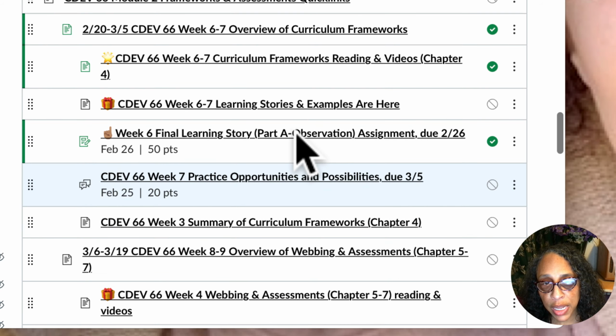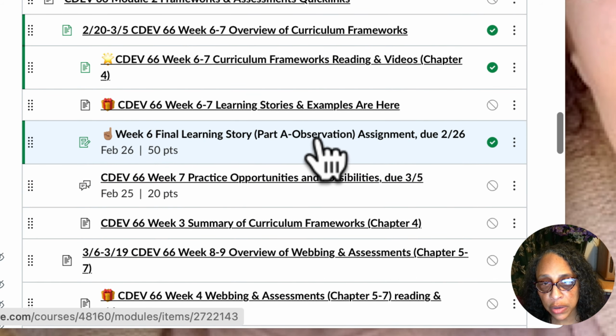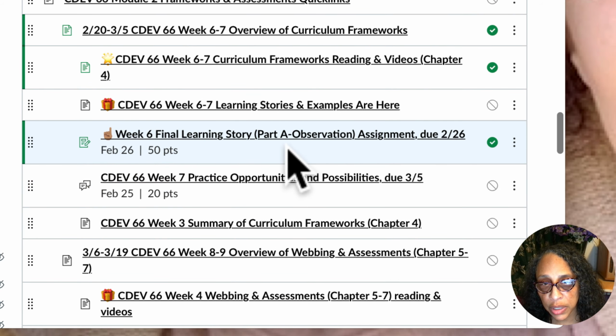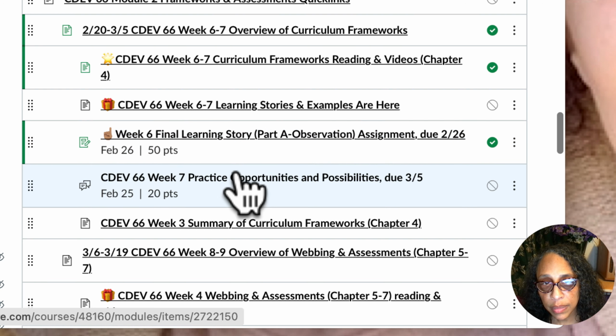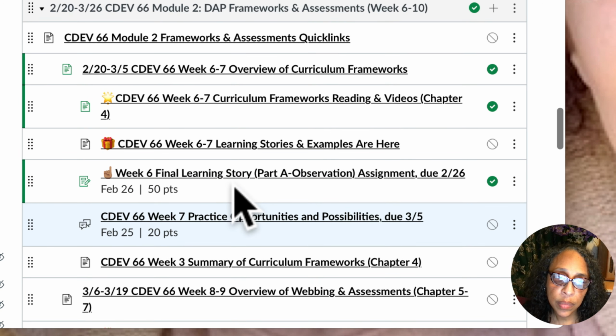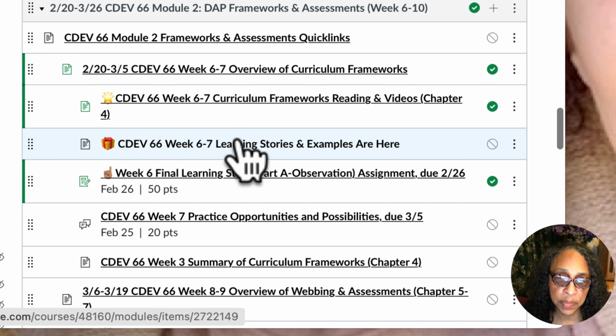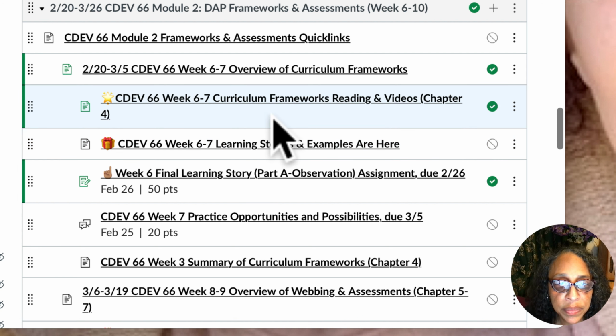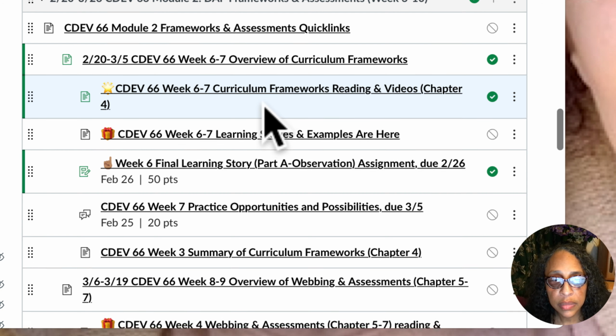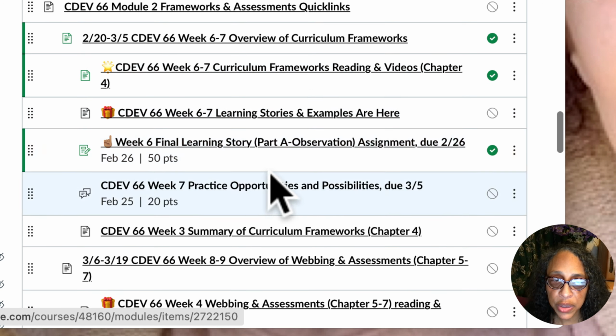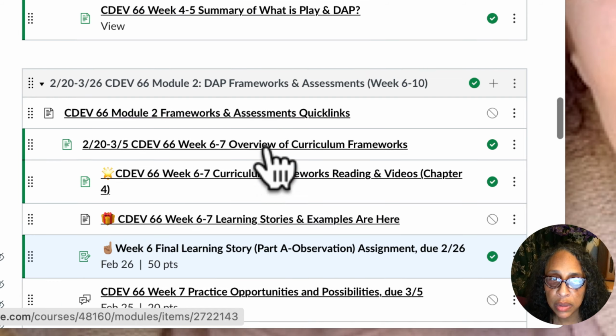And then you can get ready for starting your observation for your learning story, which is in the next couple of weeks. So anyway, it's there for you in case that's what you want to do.